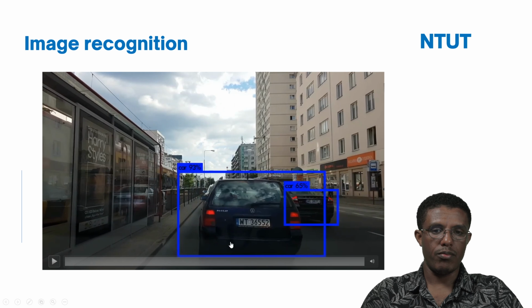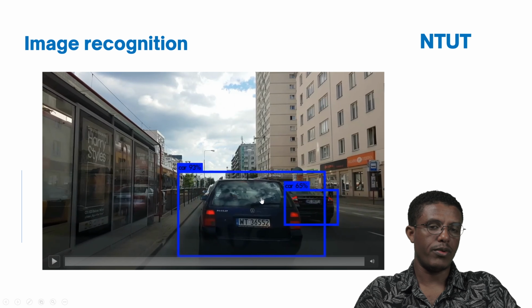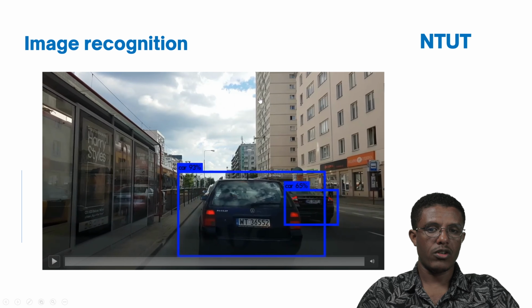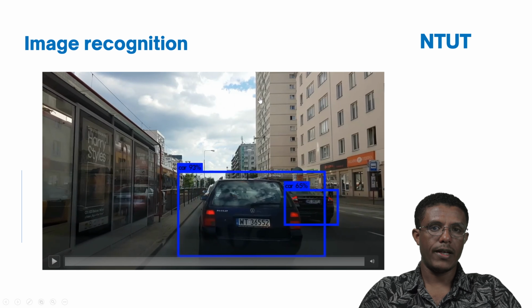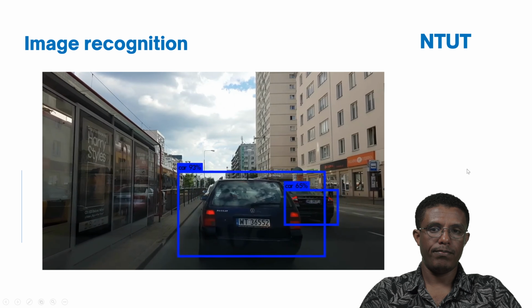But here this is a big car that is fully observed, and because of that the accuracy becomes 93%. So in different crowded environments we can detect different objects by applying machine learning models.